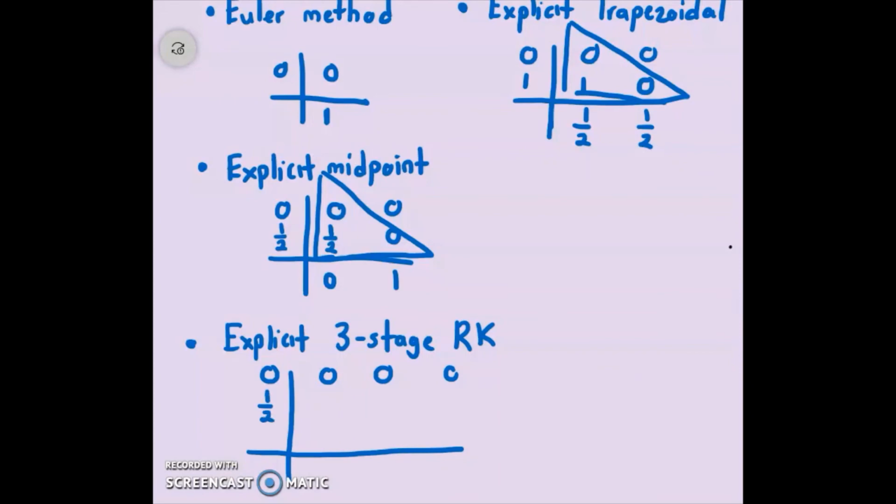Half, half, 0, 0, 1, negative 1, 2, 0, 1/6, 2/3, and 1/6. Okay, there's something interesting about this Butcher tableau that I would like to say before I end this video.